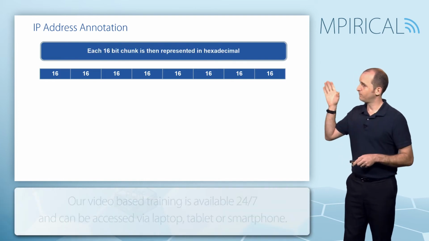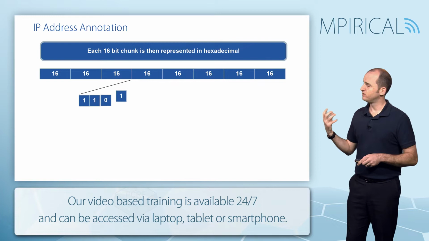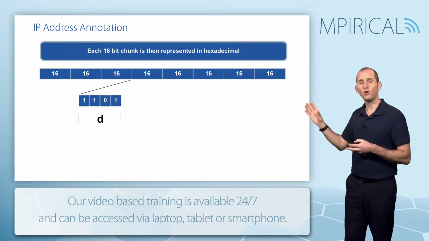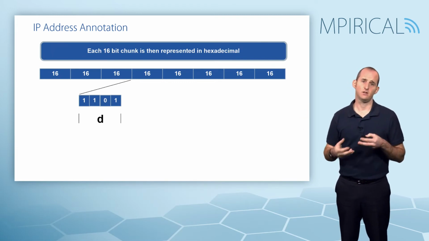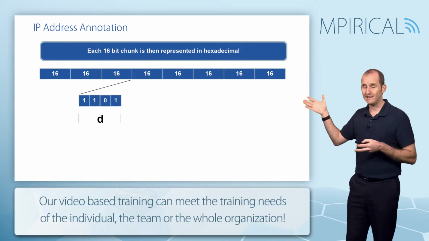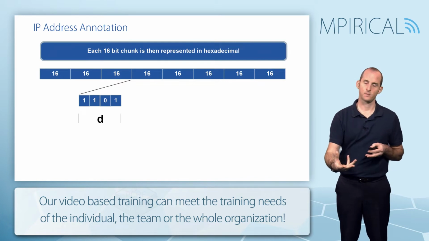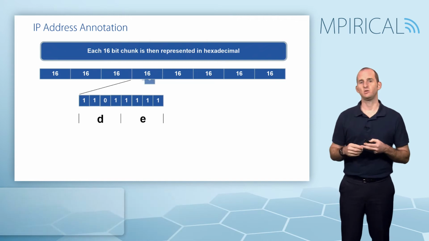So let's identify an individual chunk. So what we can do is we take those bits, so the 16 bits, we can take the first 4 bits and turn them into the hexadecimal equivalent. And if you work that out, the equivalent in this example, 1101, is hex D. So we will do that for the remainder of that individual block.